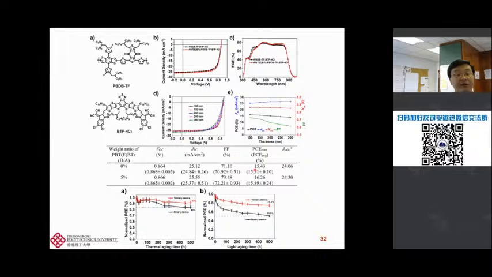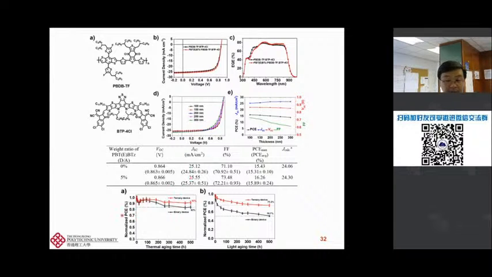That tells us that the hard work that we do in making wide bandgap polymers does not go to waste. Also, when this system gets thicker and thicker, we see only a mild drop in efficiency. Going to 300 nanometers, it's still pretty good.